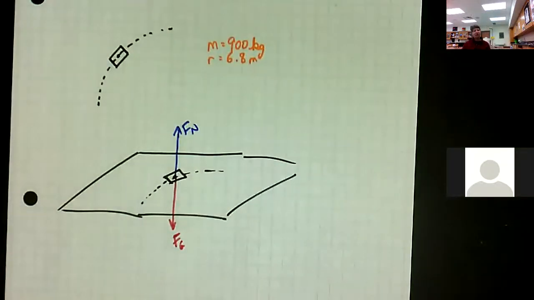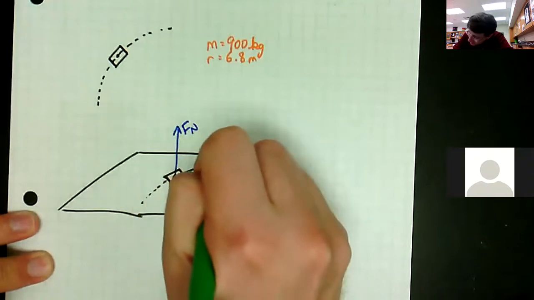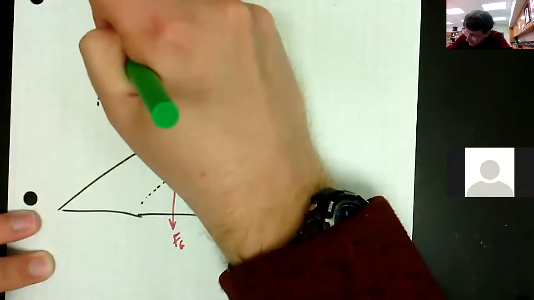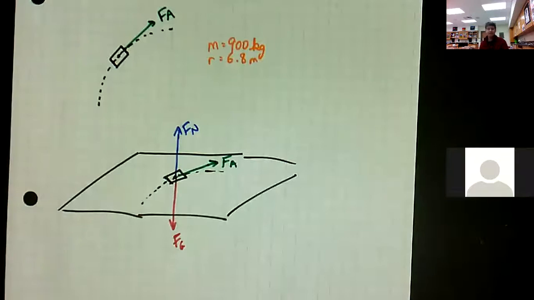Neither of those can do anything in terms of giving me a centripetal force. I need something that points towards the center. I also saw applied. What is the applied doing? Well, if you are going forward, the applied force is what's allowing you to go forward. So on my top-down view, my applied force would be going something like that.